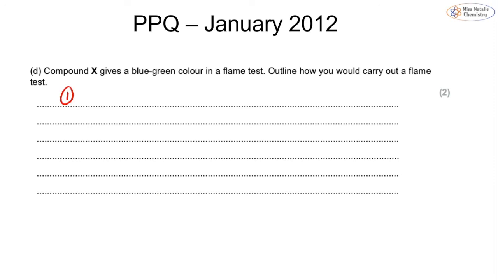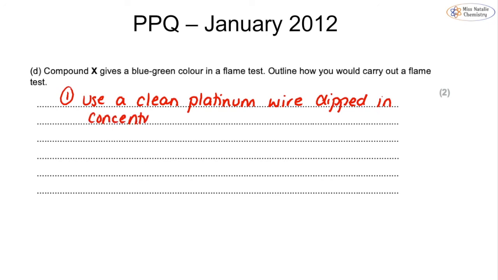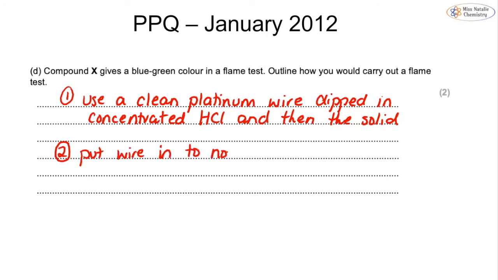Well, the first part is we take a clean platinum wire dipped in concentrated hydrochloric acid and then the solid, and we then put the wire into a non-luminous or blue Bunsen flame. And then we will, of course, observe the colour. And that is for 2 marks.